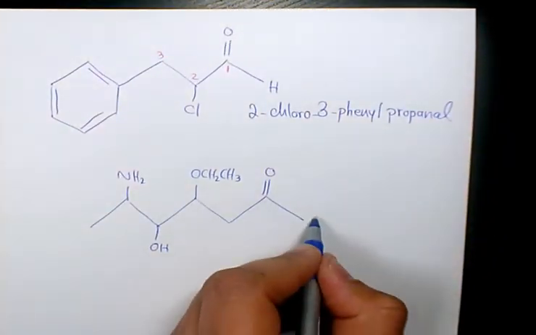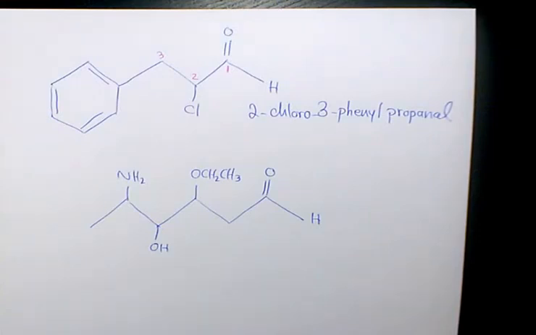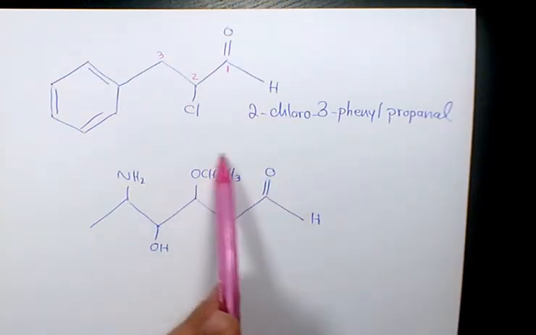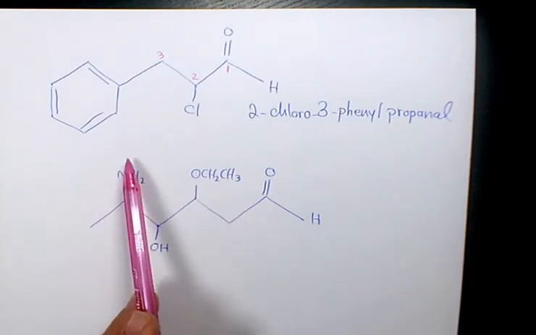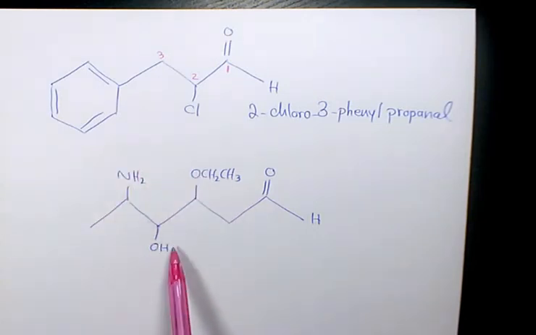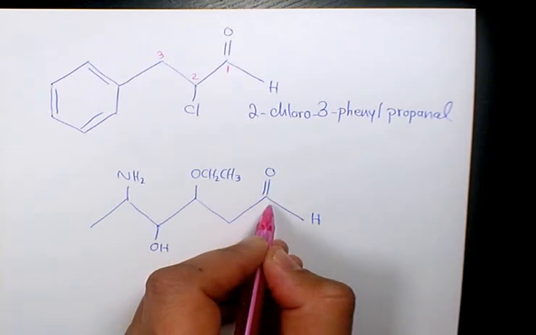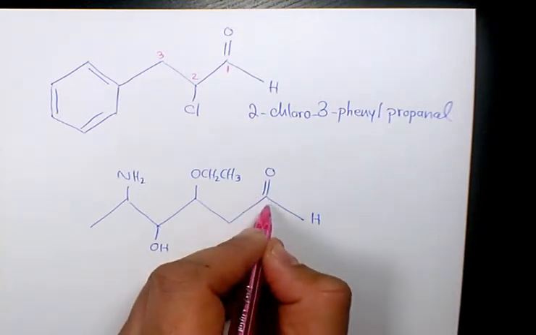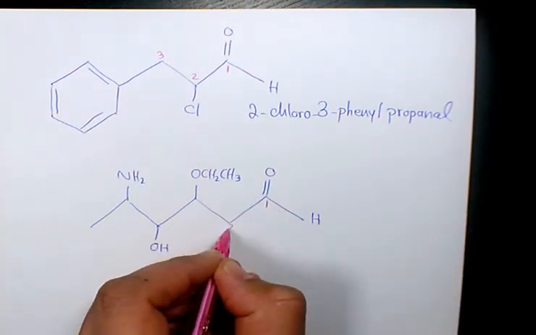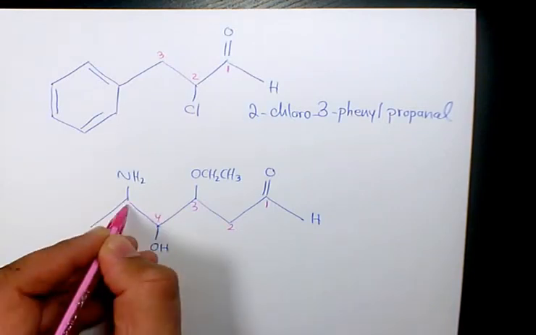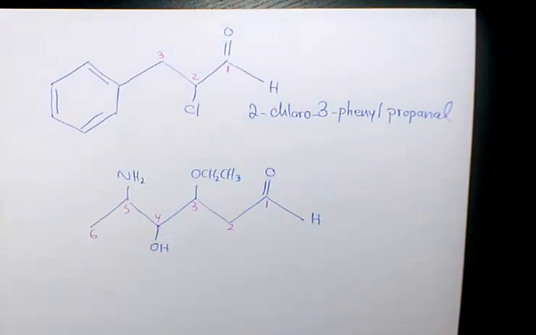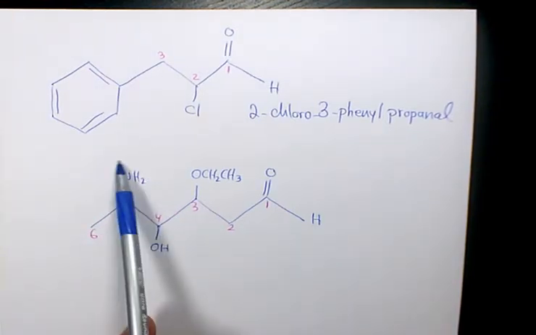Next one, we have this organic compound, aldehyde. We have ethoxy, we have an amine group, amino, and here we have hydroxy. So we start from this one because this is the highest priority in this chemical. 1, 2, 3, 4, 5, and 6. So amino comes first.